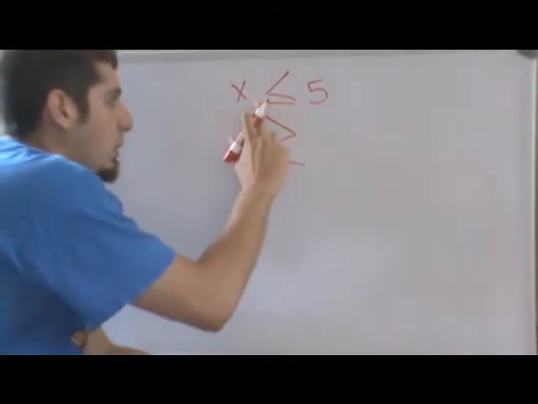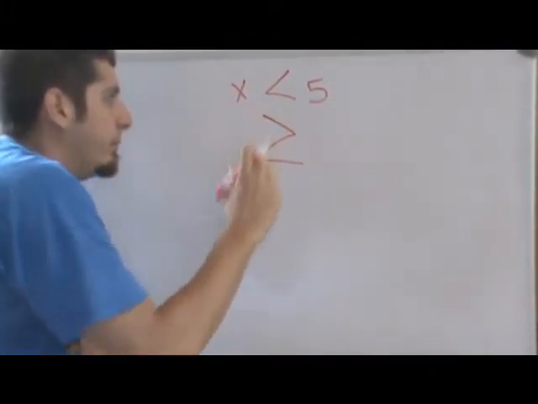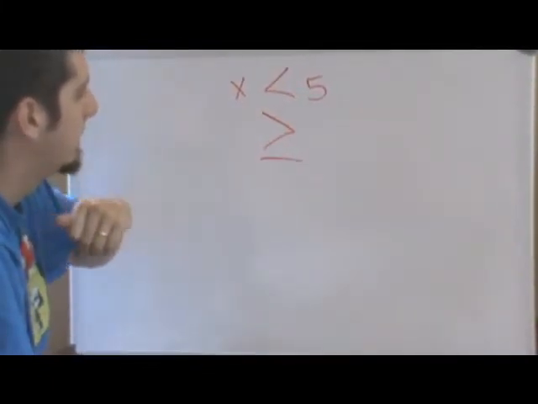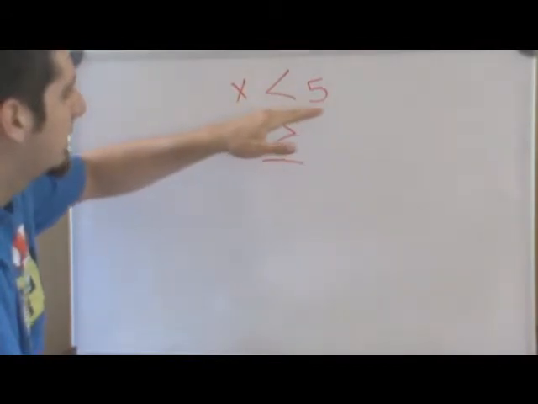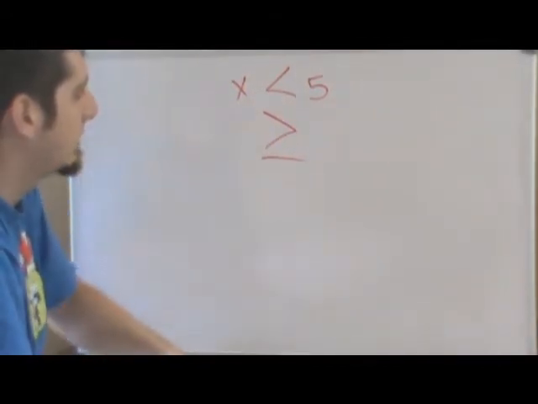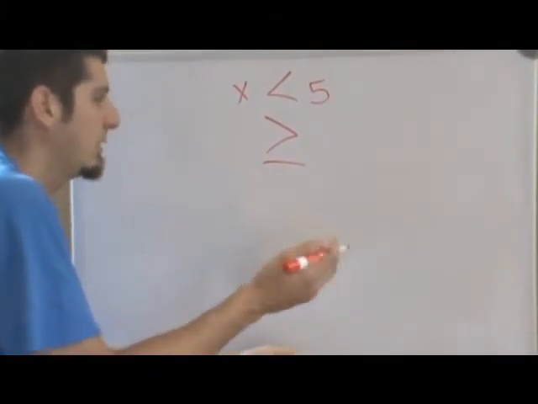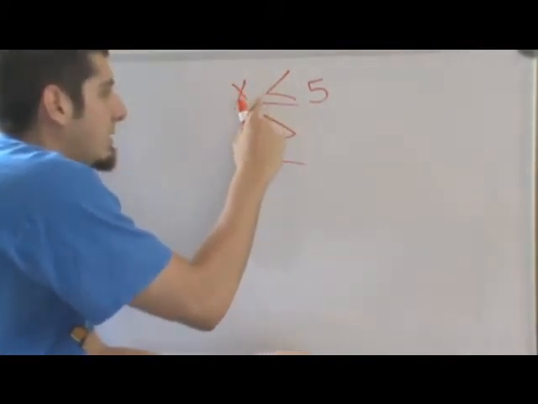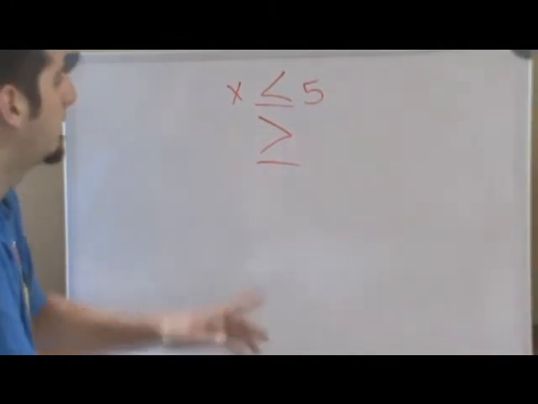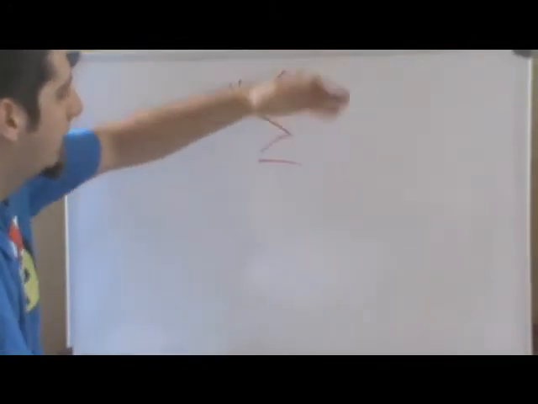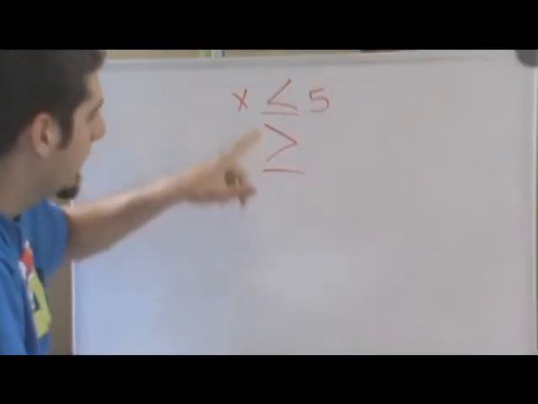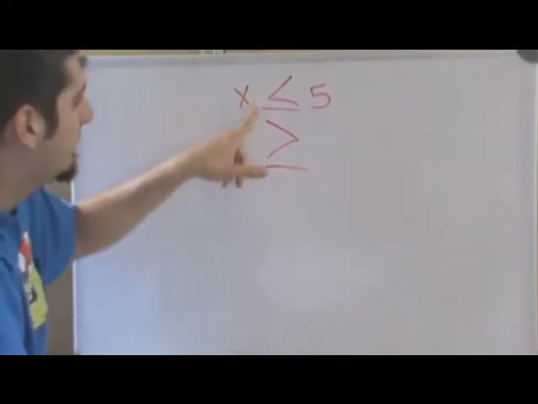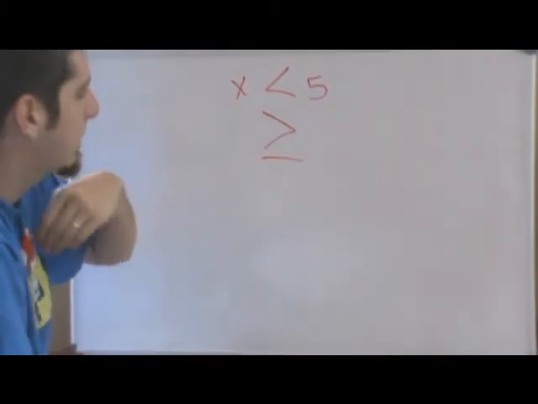If you don't have the or equal to sign there, if x is just less than 5, then x is less than 5. X can't be 5 in this instance. X has to be smaller than 5. And I think I made a mistake there. I think I said greater than. X is less than or equal to 5 means that x can be 5 or smaller. But without the or equal to sign, x cannot be 5.